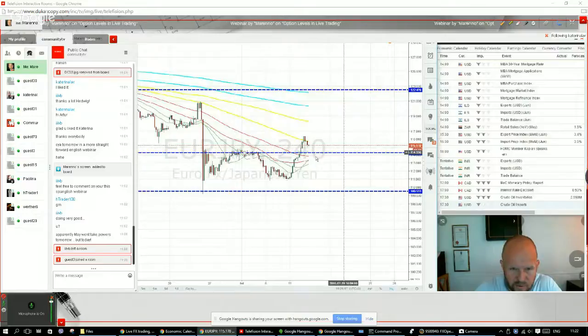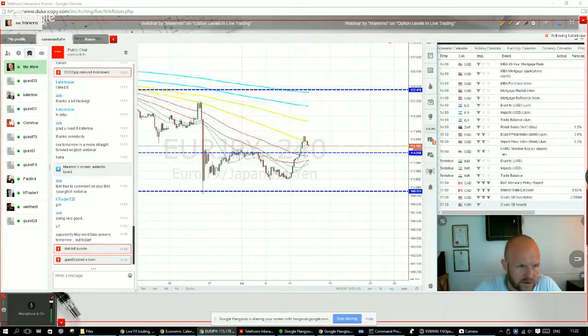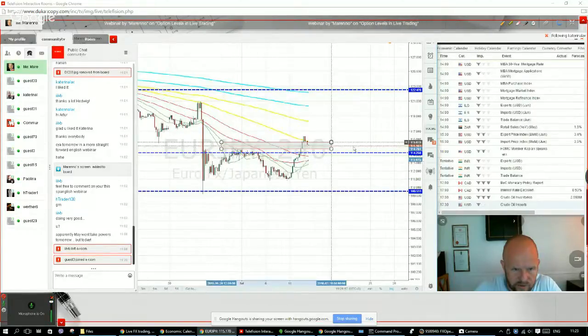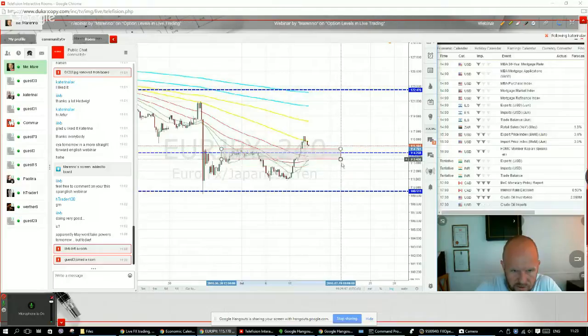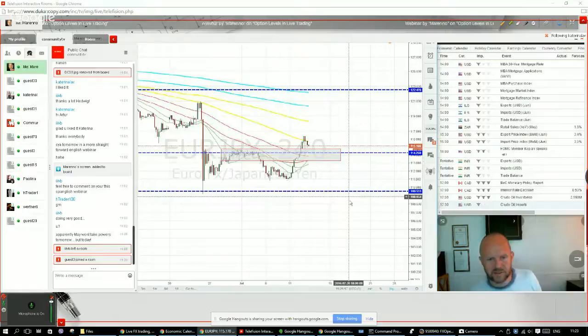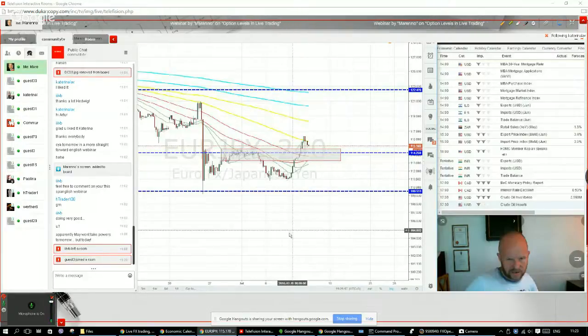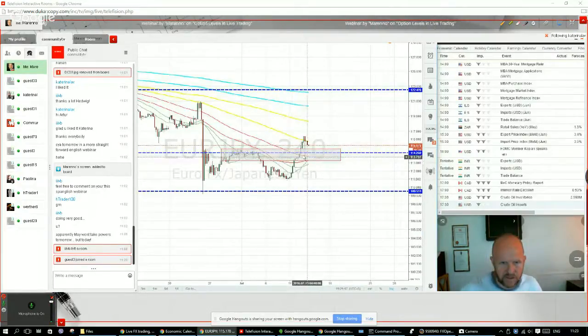So basically the whole area, of course. Let me draw a rectangle to show you the whole area of possible support for the price at the moment. So that's what can actually happen. All right.